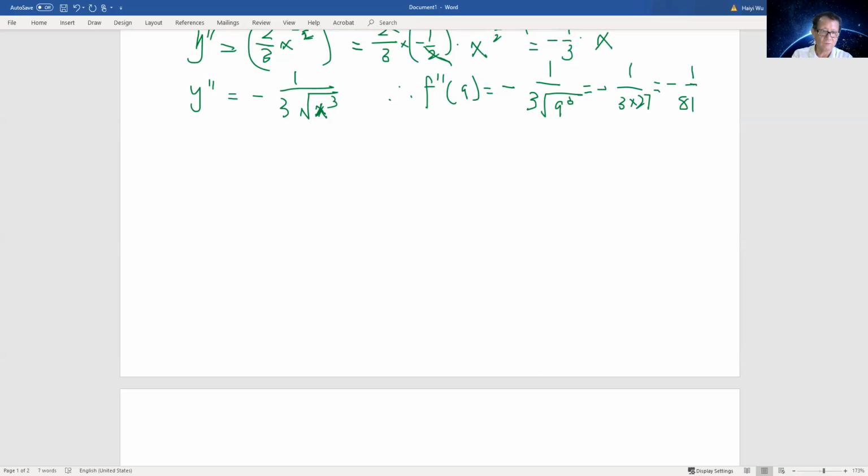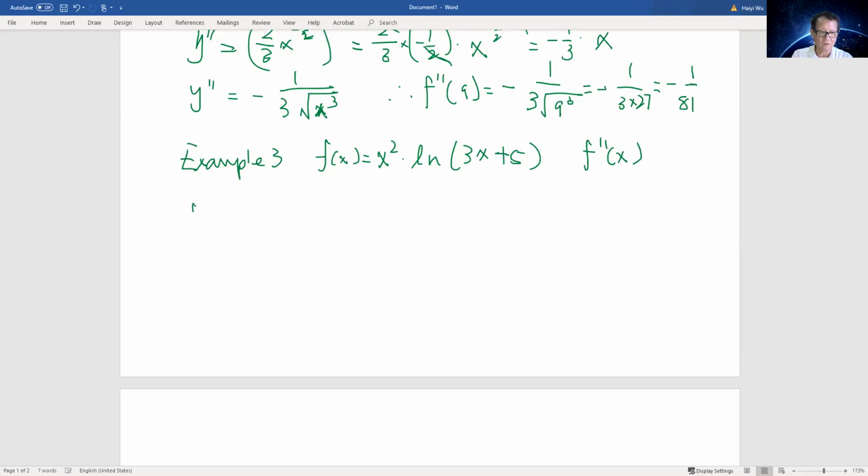So let's say we have f(x) equal to x squared multiplied by log x, log is e based, 3x plus 5. So what is the double derivative?